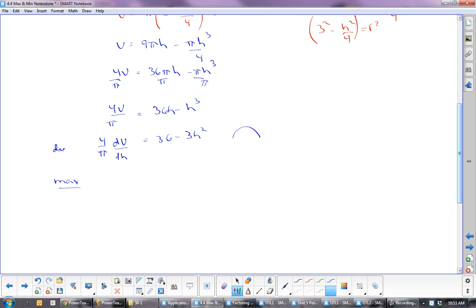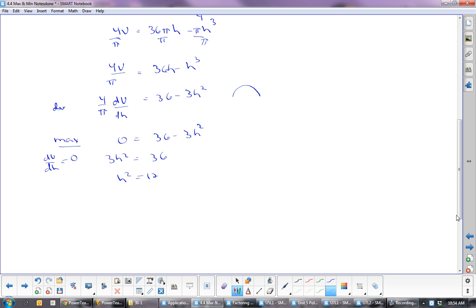So make dv over dh equals 0, right? So 0 equals 36 minus 3h squared. 3h squared equals 36. h squared equals 12. h equals plus or minus root 12. The height has to be positive, so h equals root 12, which equals 4 times 3, so 2 root 3.